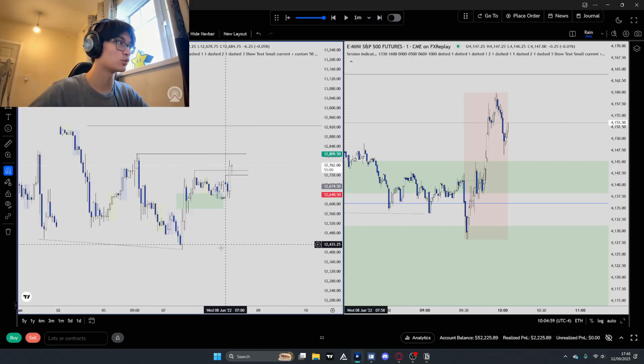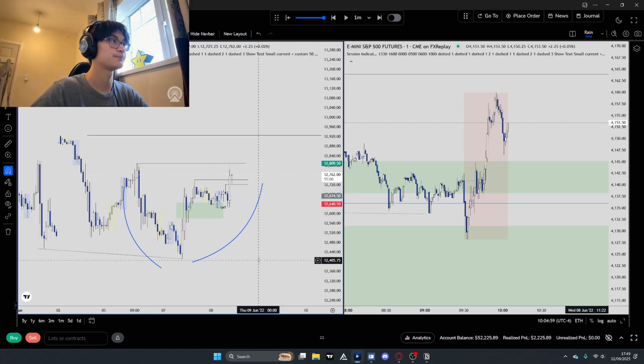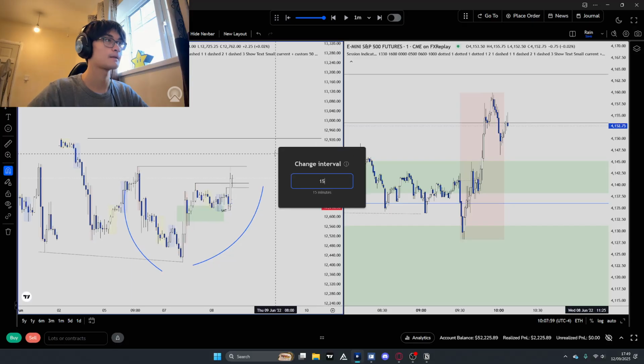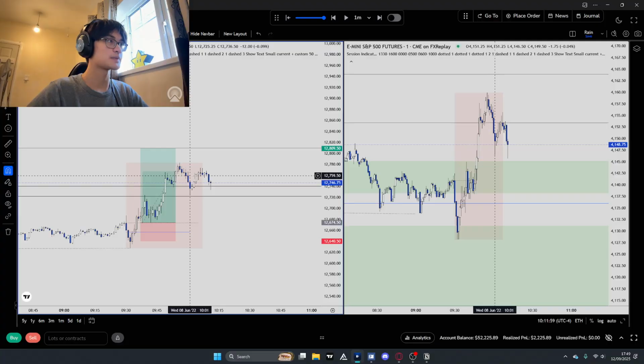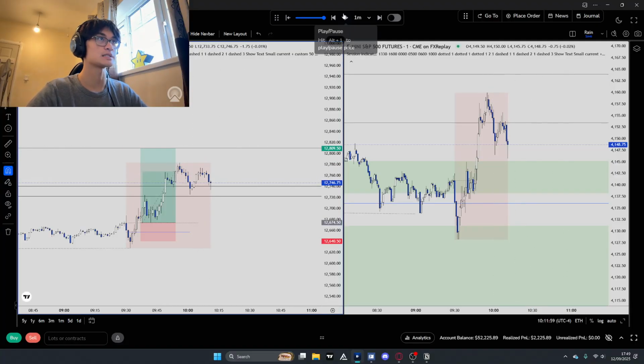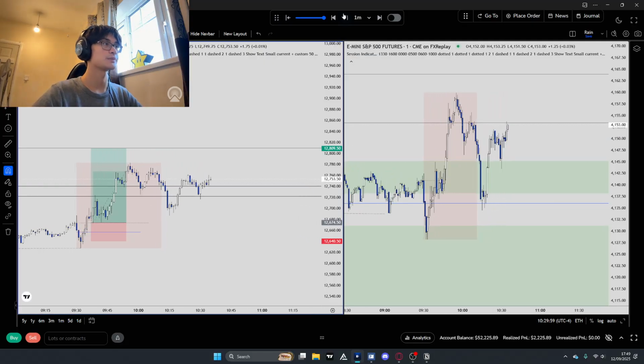As well as that, we're inside this market maker buy. I don't expect this model to play out like the bearish model, but I do expect this high to get taken out, maybe in the PM or something, but we'll see.